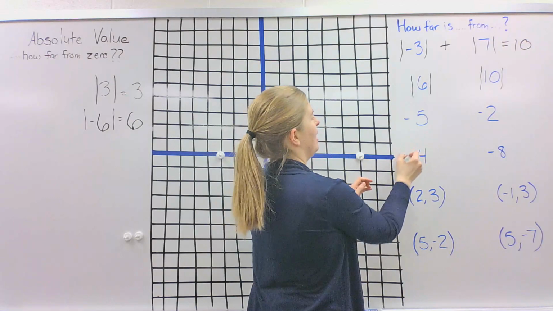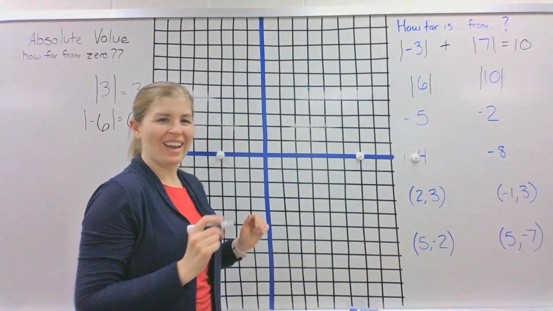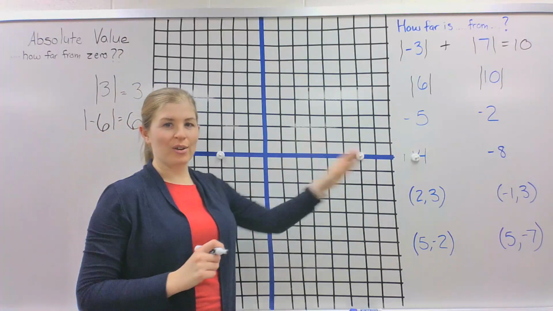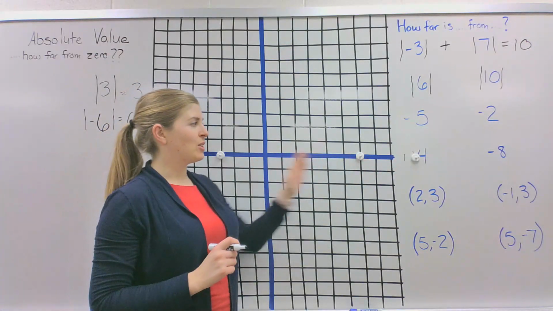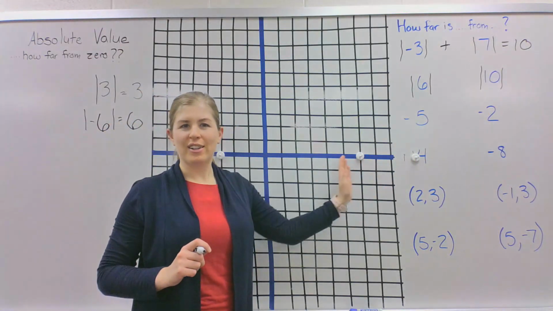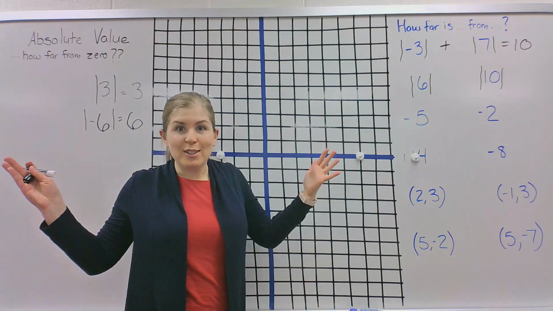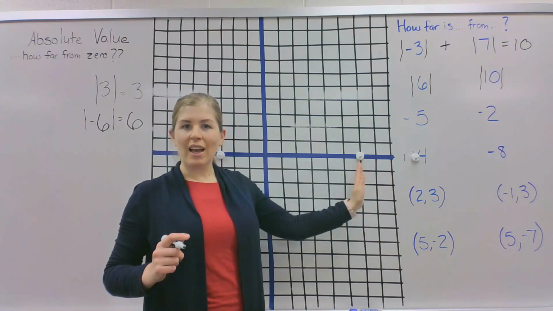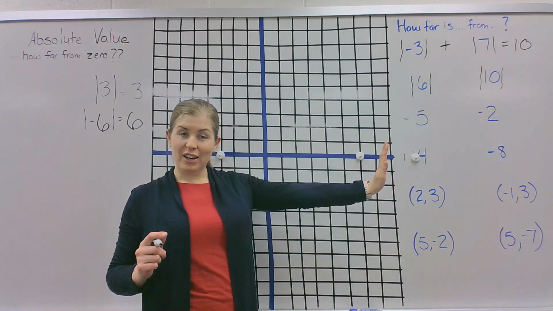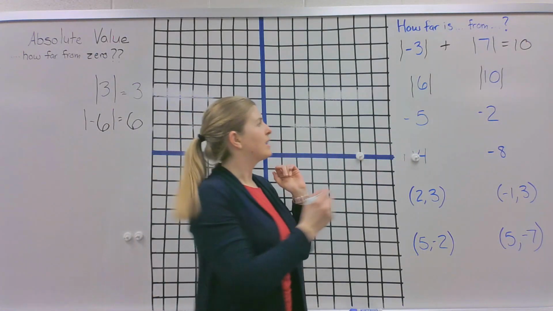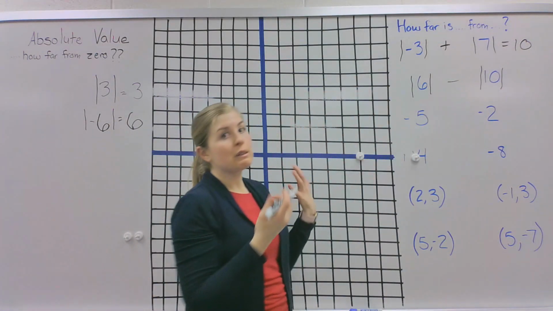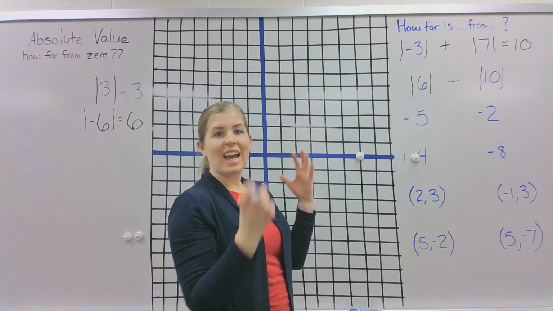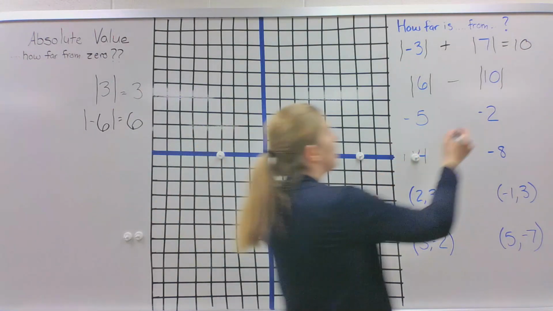So 6 is 6 spaces from 0, and 10 is 10 spaces from 0, but 6 and 10 aren't 16 spaces apart. If we're trying to find the distance between numbers on the same side of 0, we would subtract those. It'd be nicer if the big number was in front of the other. The difference between 6 and 10, 10 minus 6, would be 4.